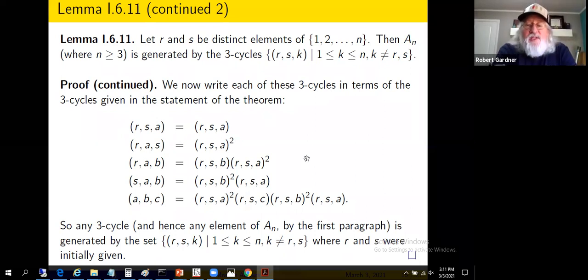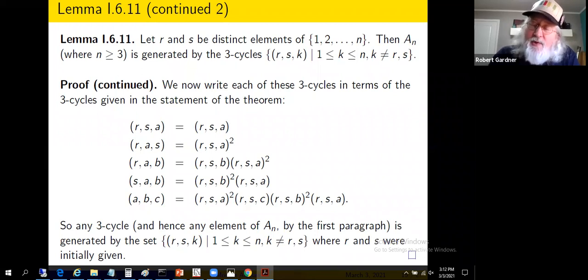All right. We saw that all 3 cycles generate A sub n. That was our first observation. So when we looked at the pairs of transpositions, we showed that the 2 kinds of pairs of transpositions can be written as products of 3 cycles. So if we had all 3 cycles, then we could generate A sub n.